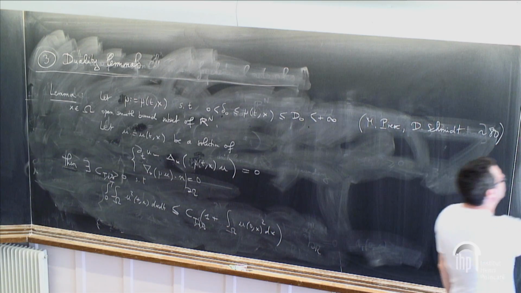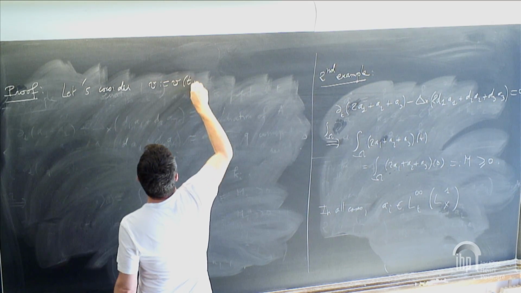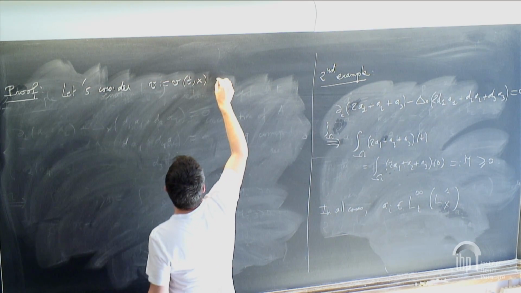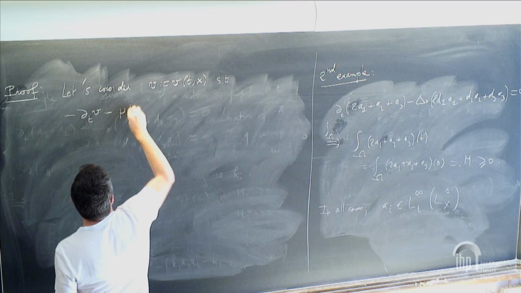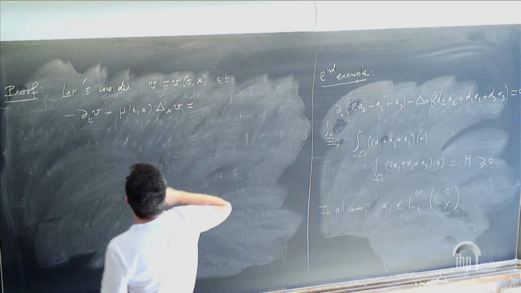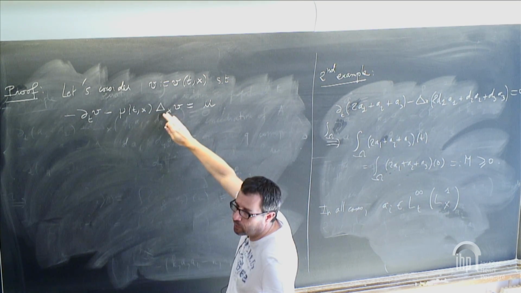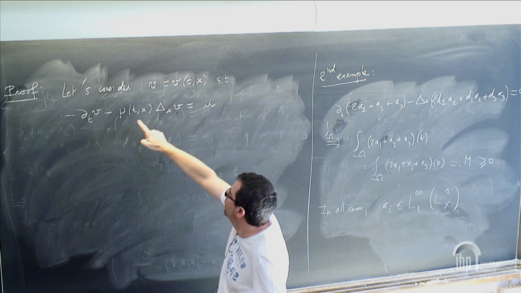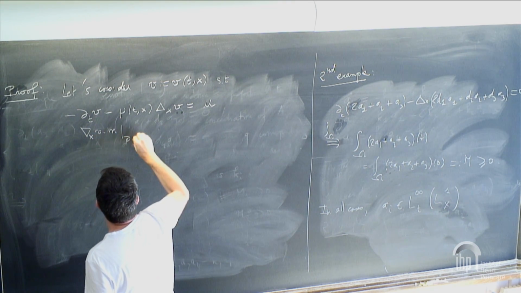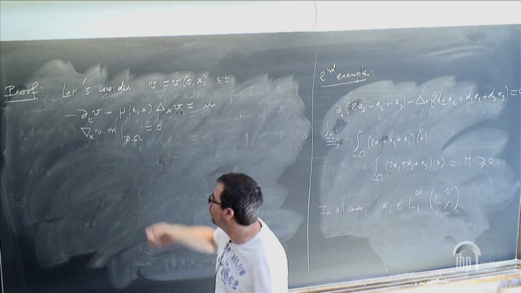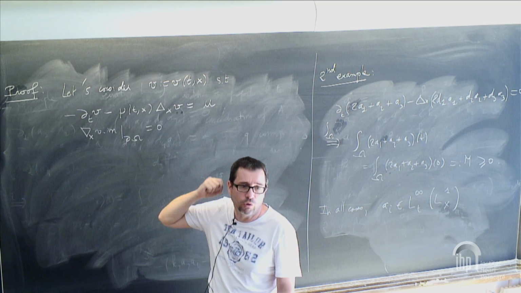So let's define a function v of t and x such that minus dtv minus mu of t,x Laplacian V is equal to U. So let's say we suppose that U is given, and we build this parabolic problem in which we solve the equation which is here in terms of V. We add the Neumann boundary condition for V, and in order to be able to solve the reverse parabolic equation with a mu which is positive, we can only go backwards, okay?